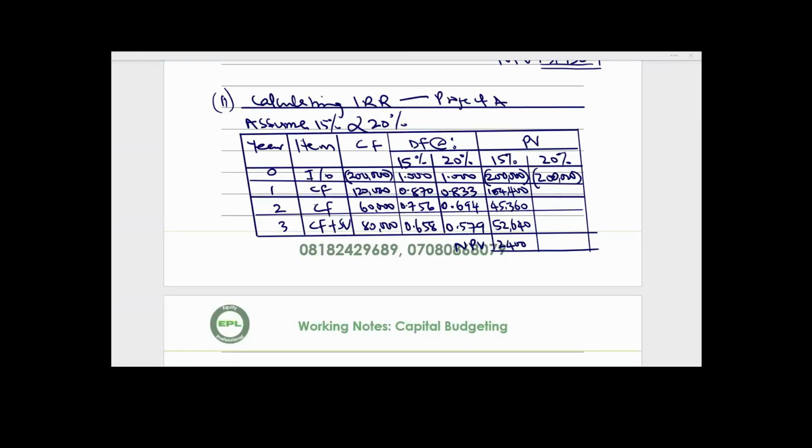99,960. Then for year two present value, what do you have? 41,640.